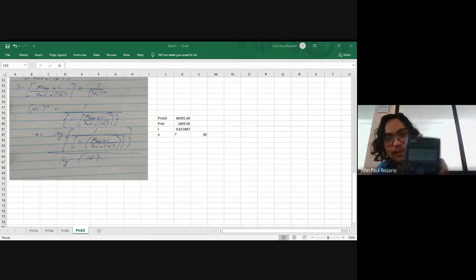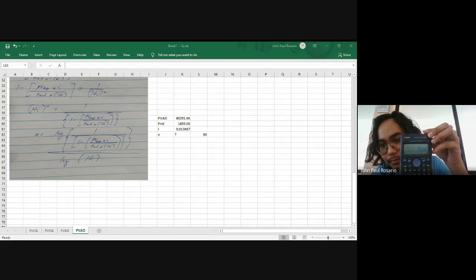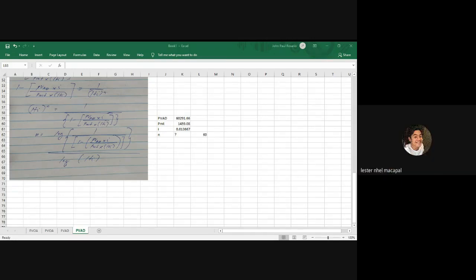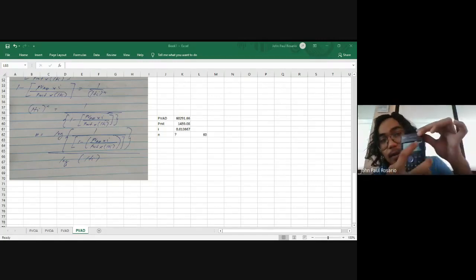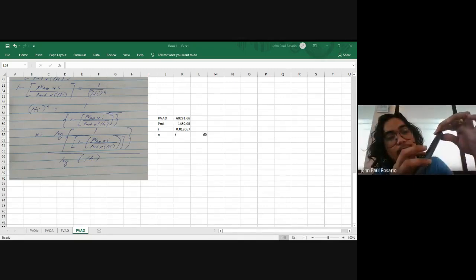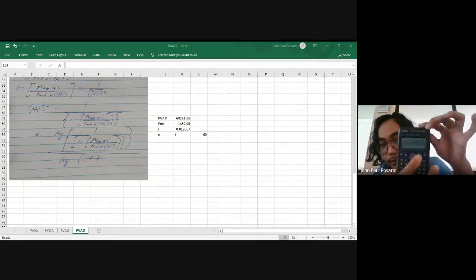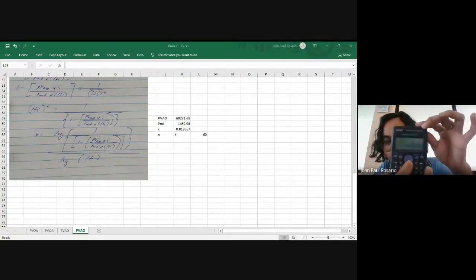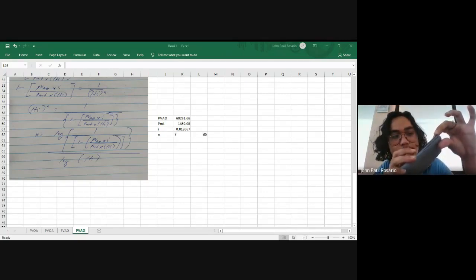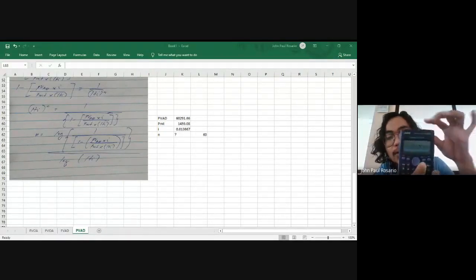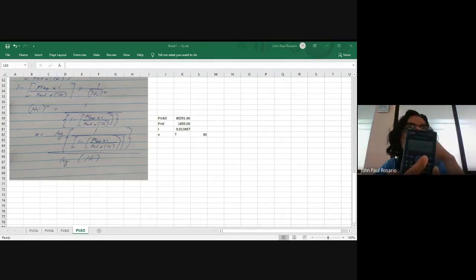Okay. So as you can see here, guys, that's log of, so atong pinaka-numerator would be 1, and then over, 1 minus our present value nga 60,000 times atong I nga 0.164 divided by 12, and then over 1459.08 times, okay, 1 plus I. So 1459.08 times 1 plus 0.164 over 12.